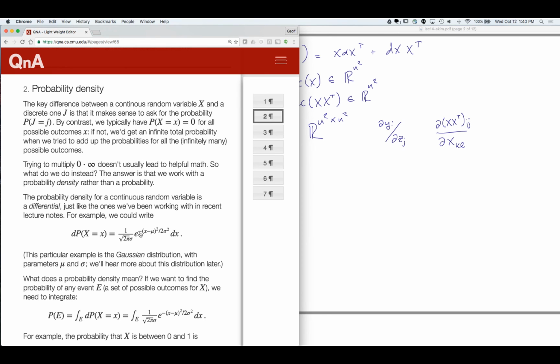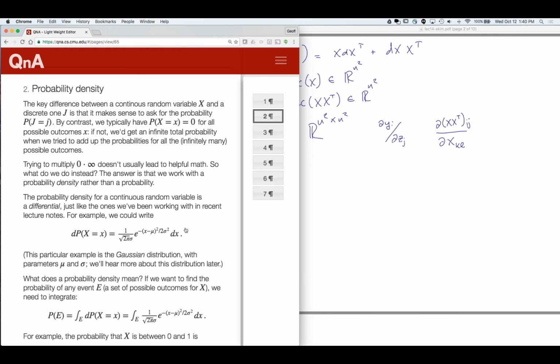This particular expression happens to be the Gaussian distribution, and we'll get to be great friends with Gaussians in the second mini. But for now, forget what this actual form is, and just note that it's a real valued function times dx. What does a probability density mean? It means that if you want to find actual probabilities, you have to integrate.